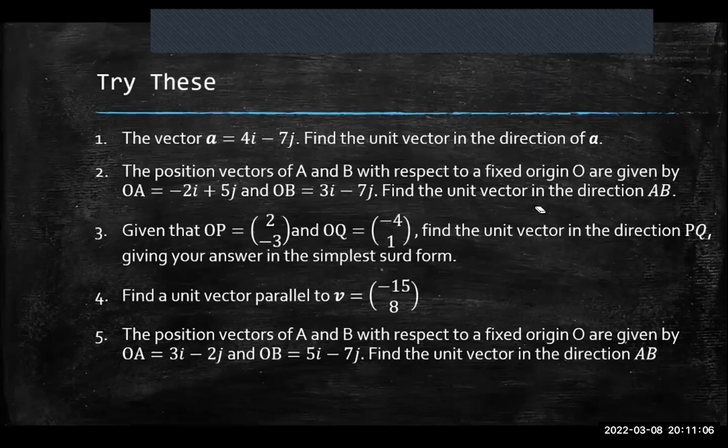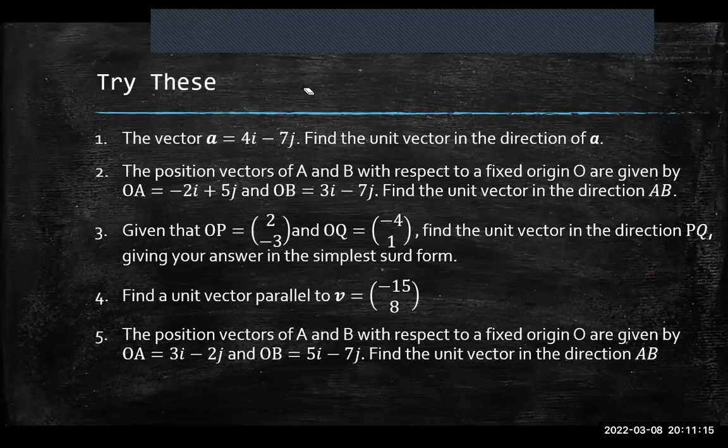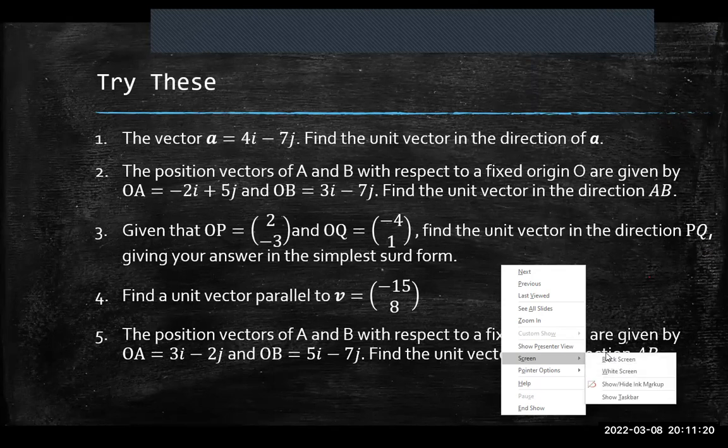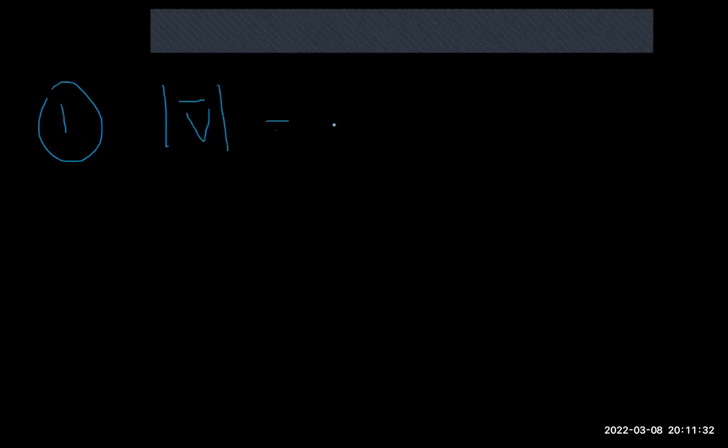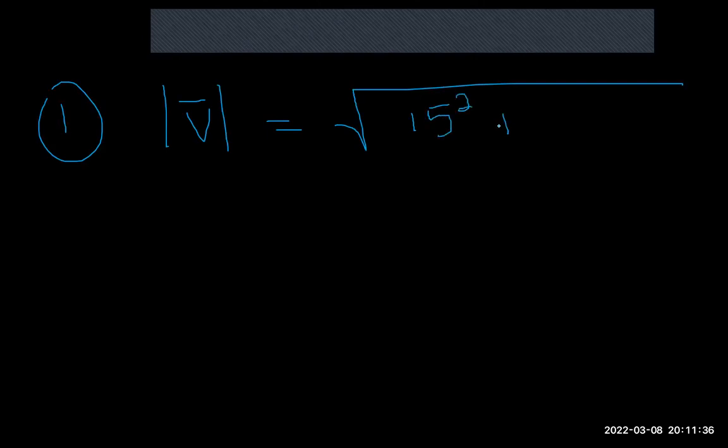Let me do this question. Find a unit vector parallel to V, which is equal to minus 15, 8, column vector. Leave the answer as a column vector. All you're doing is finding the magnitude of that, substituting it into the formula, and that's it. So V is minus 15 on 8, so therefore the magnitude of V is going to be the square root of 15 squared plus 8 squared.